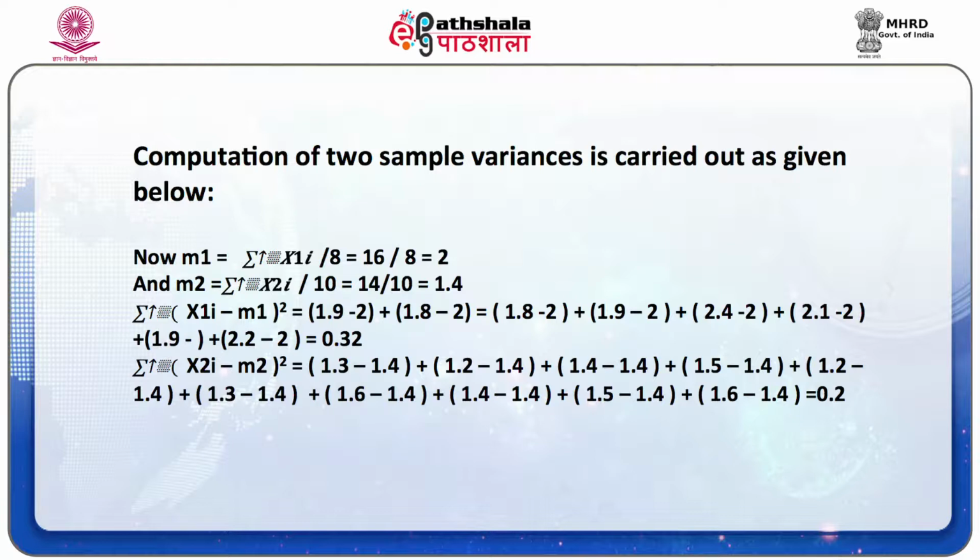Computation of these two sample variances is carried out as given below. We get the mean of the first sample as 2 and the mean of the second sample as 1.4. In the second step, we work out the deviation of each value of sample 1 from its mean value, square them and add all those deviations, and this sum is found to be 0.32.